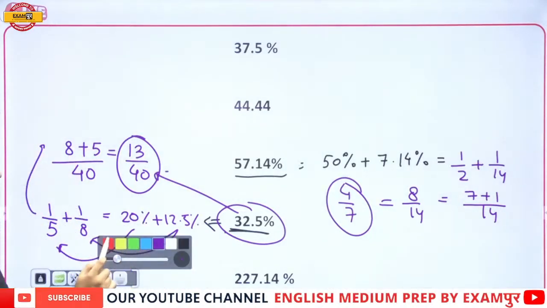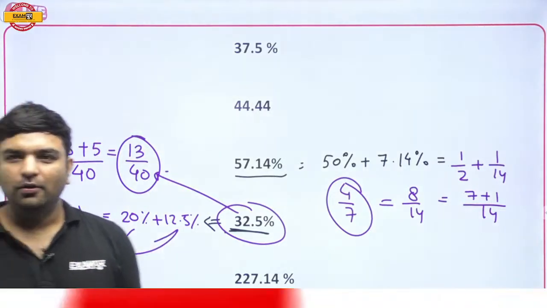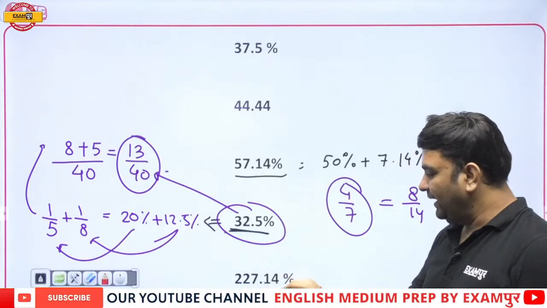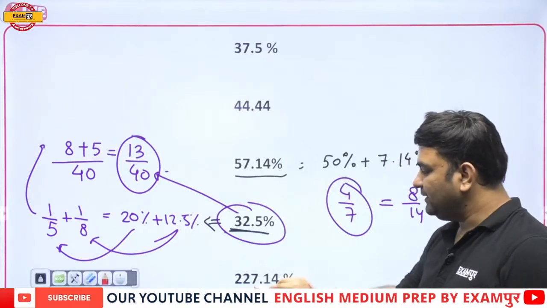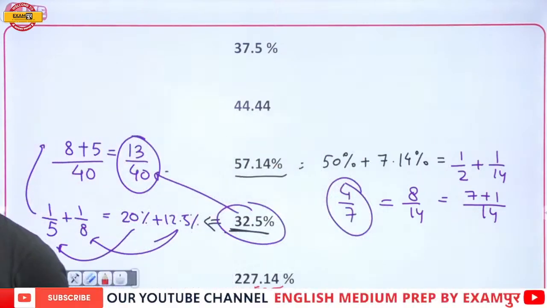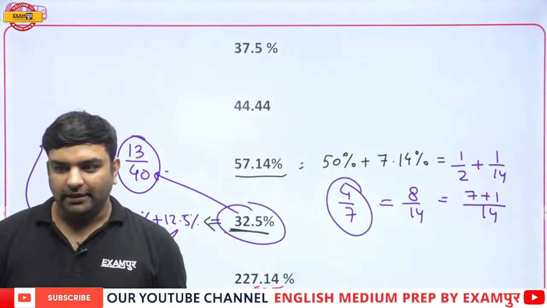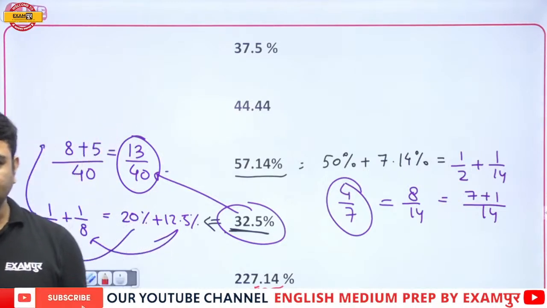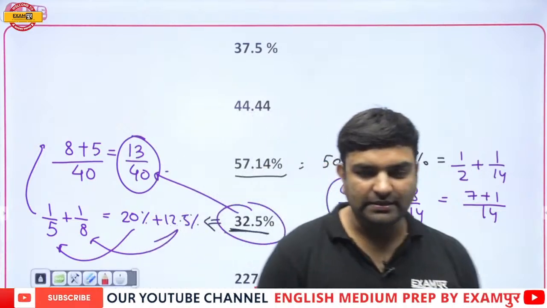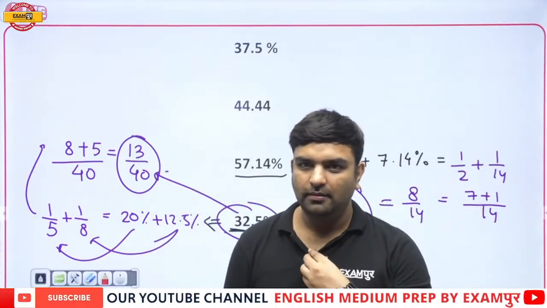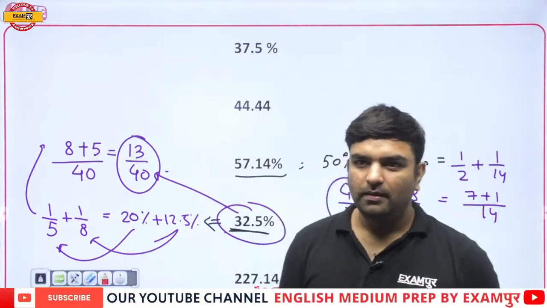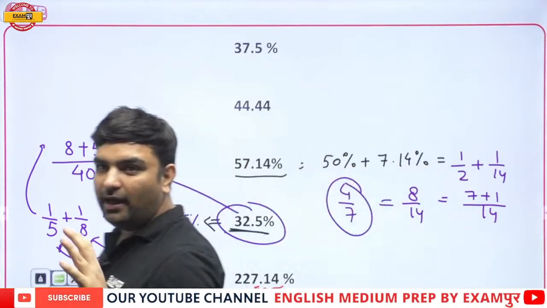27.14%. Okay, what is the hint? The hint is always in the last three. Identify the hint.